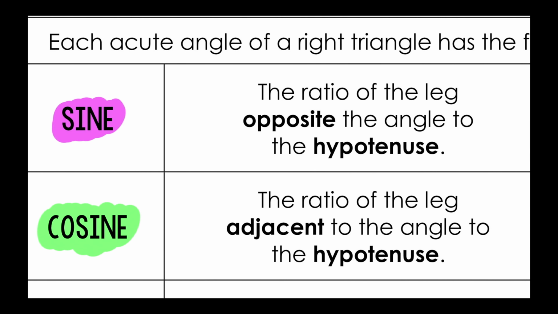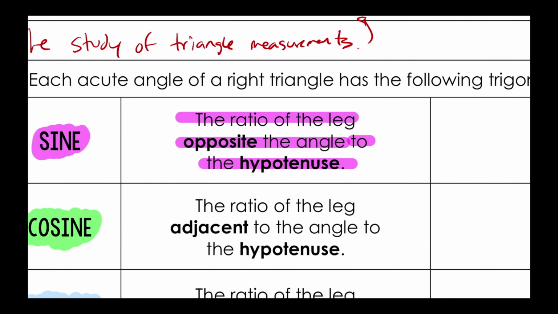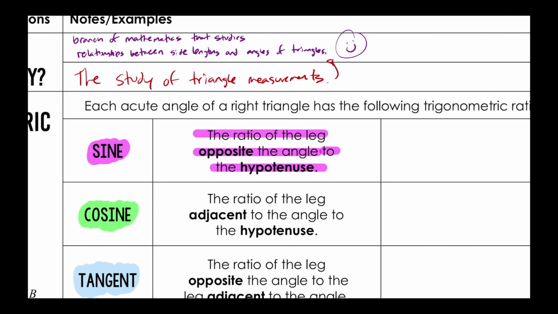Well, let's look at sine. Sine is the ratio of the leg opposite the angle to the hypotenuse. So basically sine is just a ratio that says opposite leg over hypotenuse.